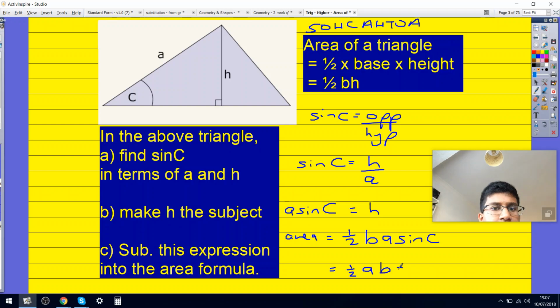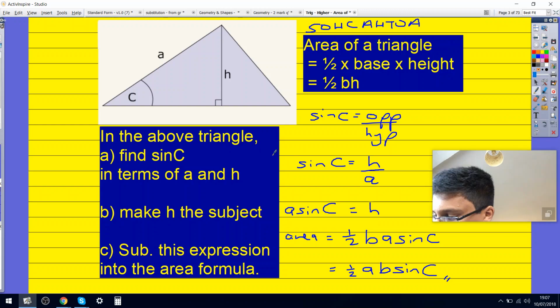So that's where the formula for the area of a triangle comes from for when you don't know the height. Could I copy that diagram down? Yeah. Okay, thank you.